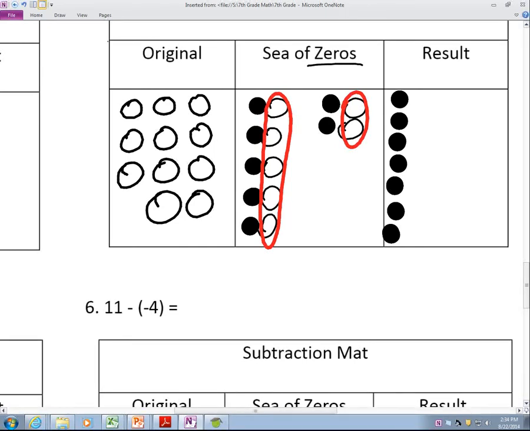Those are circles. Don't be lazy. How many negative integers came over, Freddie? 11. So I'm going to do 11 integers over here. 1, 2, 3, 4, 5, 6, 7, 8, 9, 10, 11.